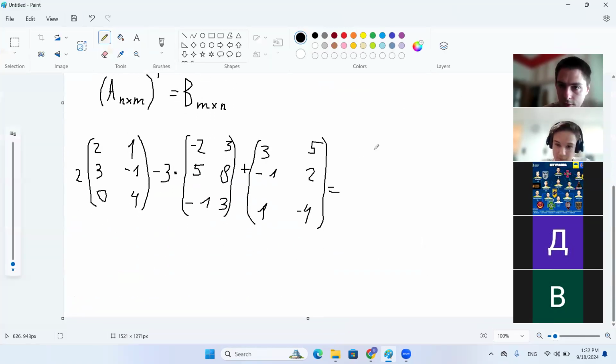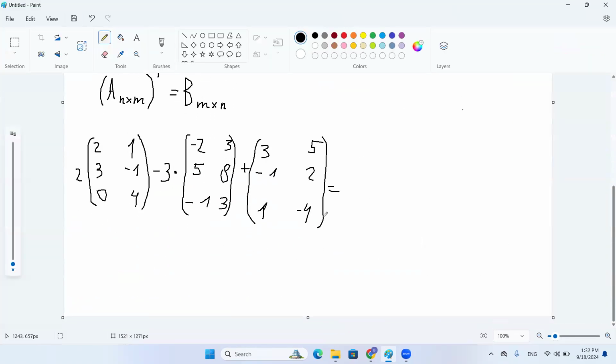Well, actually, this exercise is quite simple, so we will skip multiplication and then adding, and we will write it in one matrix. So 2 by 2 minus 3 by minus 2 plus 3. So that's the first element.